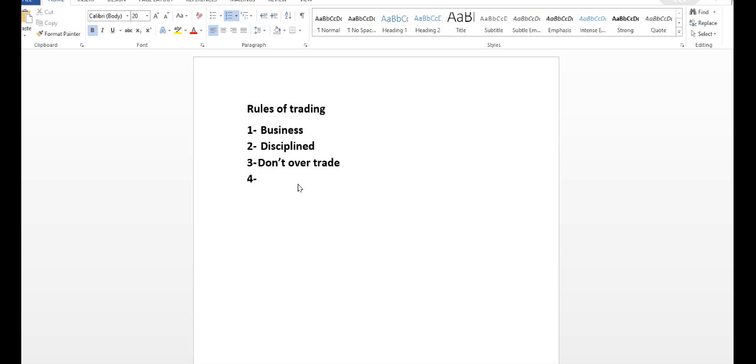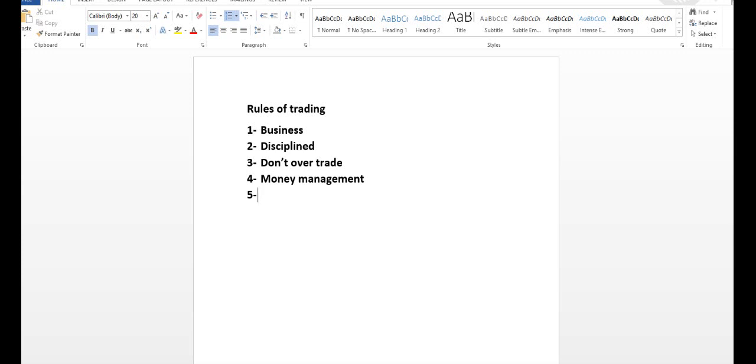And number four, after not overtrading, maintain money management. If truly you want to make money from there, maintain real good money management so that you're really disciplined.